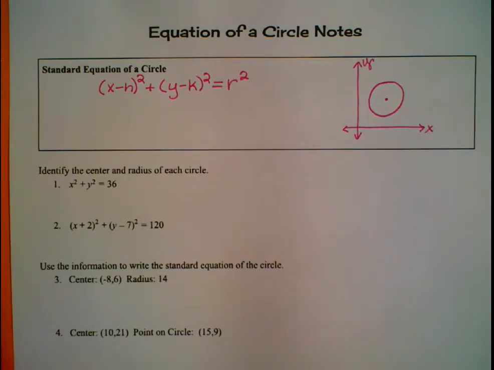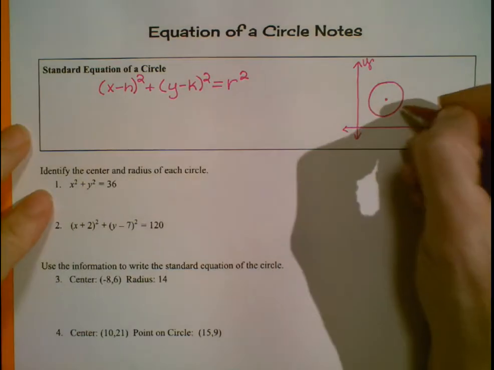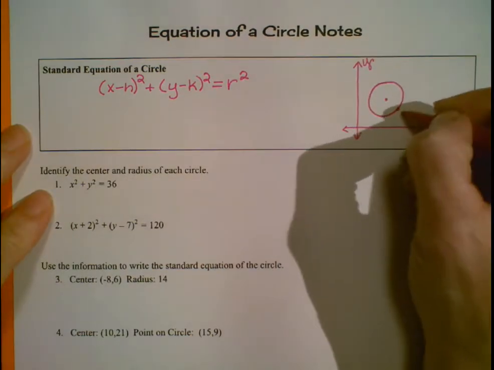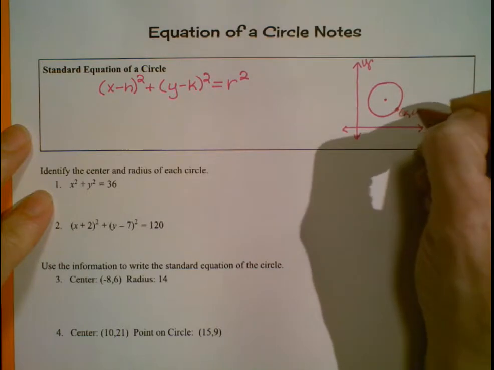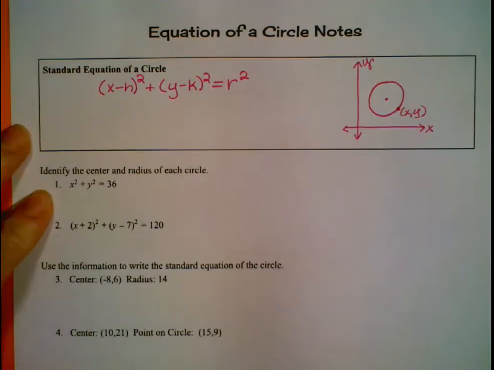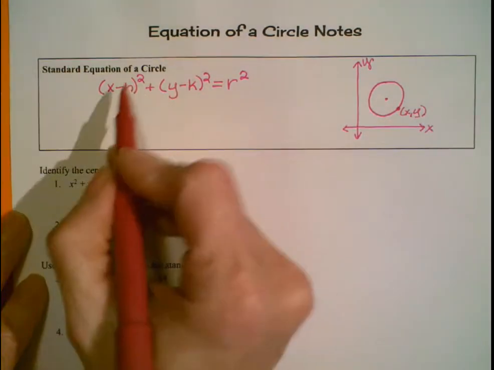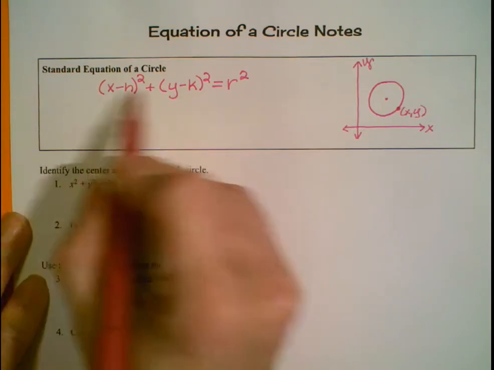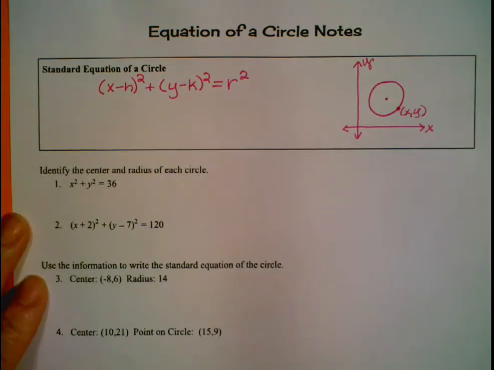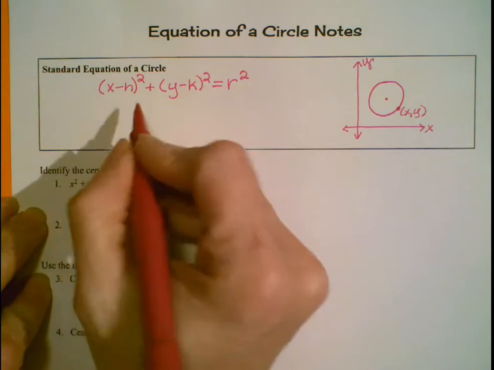Well, if you think about the equation of a line, y equals 3x plus 2, the y and the x just represent any point on the circle. So, for example, this point might be a point x, y. So any point on the circle is an xy point, which means the equation will always have an x and a y left in it when it's in its simplified form.